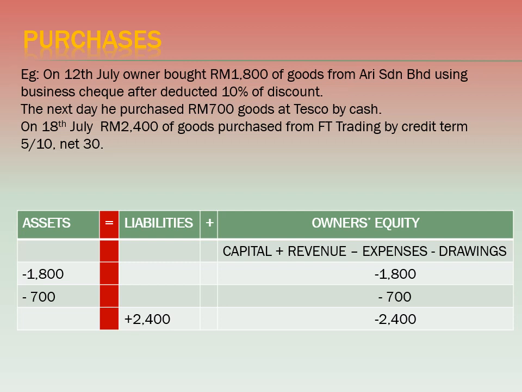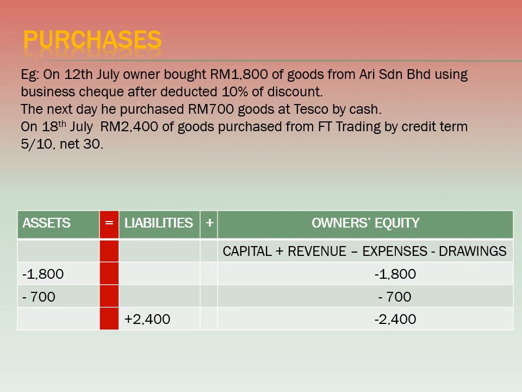on the day of the purchasing transaction, there is no money exchange, so there is no money reduced at that time. So you cannot reduce any assets, but it will increase the liabilities because you promise FT Trading to pay in the future, with a maximum of 30 days. So it will increase the liability.